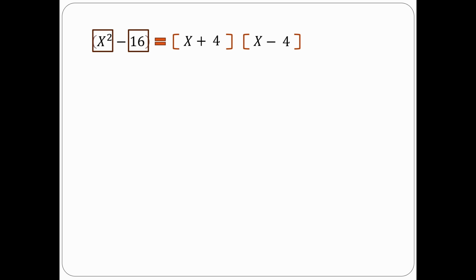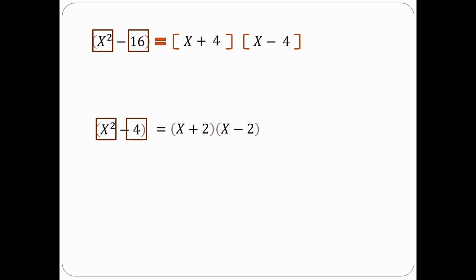Let's have our next example. Let's say we have x squared minus 4. To factor it, it is simply the square root of x squared and the square root of 4. So our answer is x plus 2 times x minus 2.